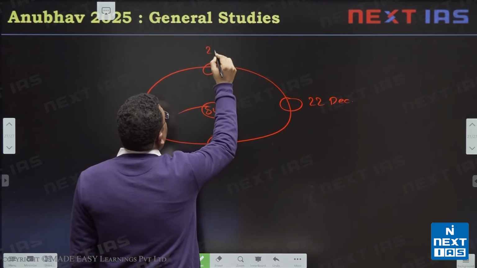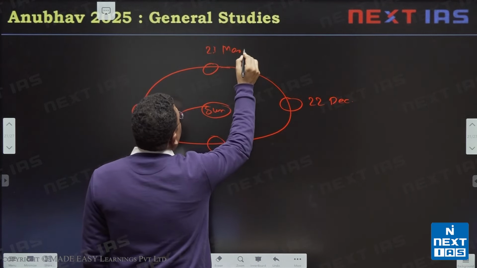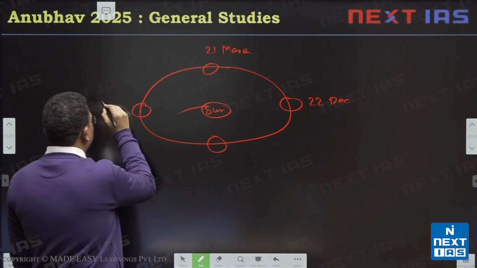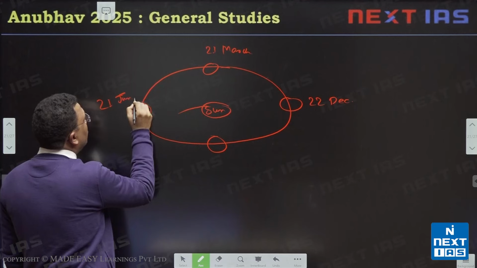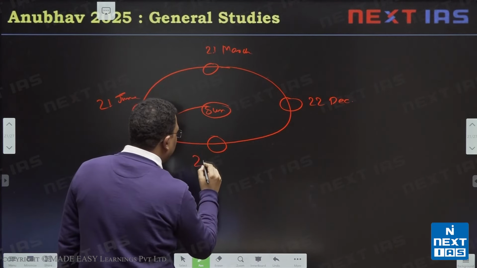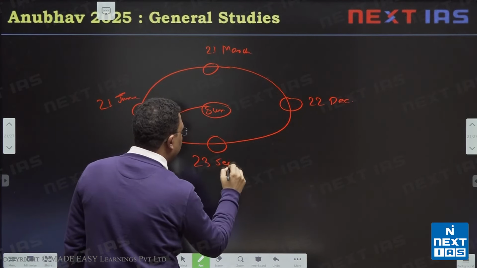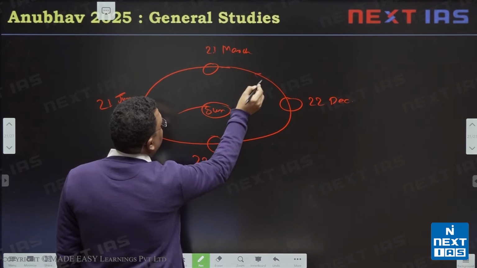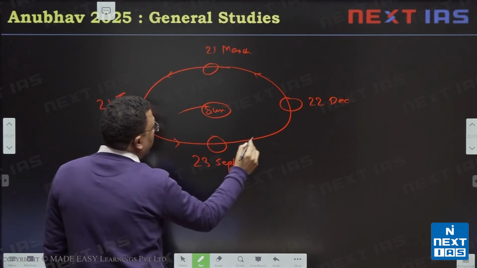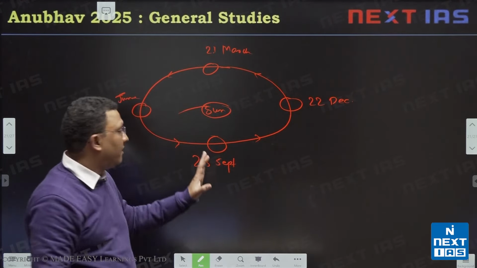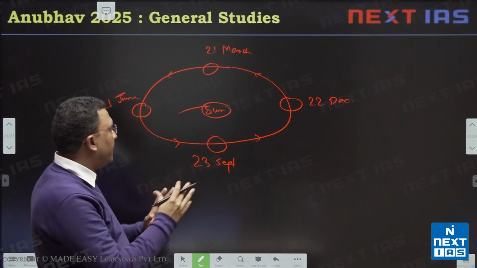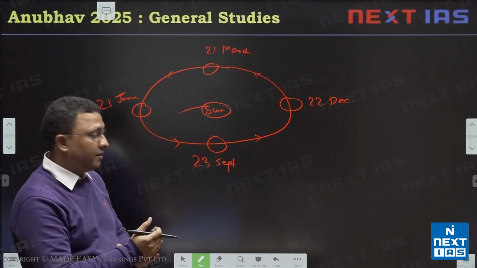This is 21st March. This is 21st June, and this is 23rd September, right? So Earth is moving like this. These 4 positions hold some special significance because of the orientation of Earth toward the Sun, right?